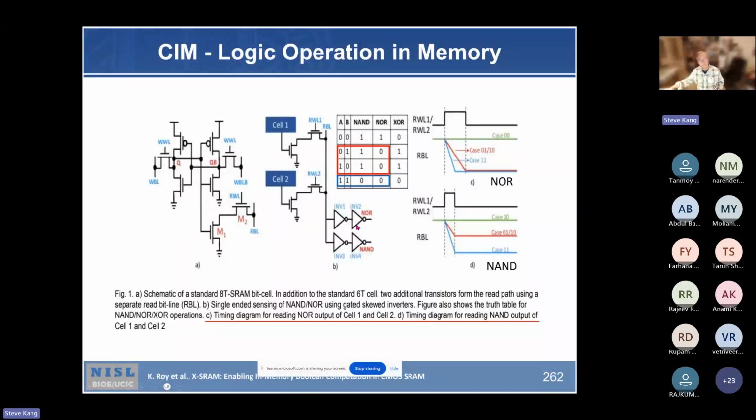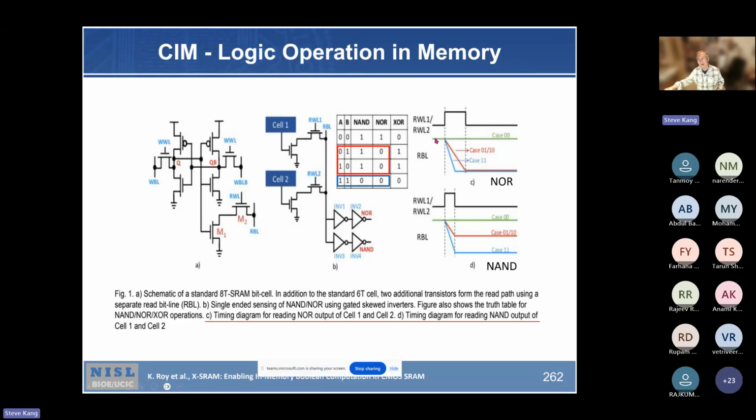This is just a simple buffer. So practically this NOR value here is the same as here. NAND value here is the same as here. This is just a buffer. Right, so if you provide a clock signal, RWL1, RWL2 with this pulse width, in circuit operation for case 0,0, 0,1 or 1,0, or 1,1 case, this red one is case 1,1.